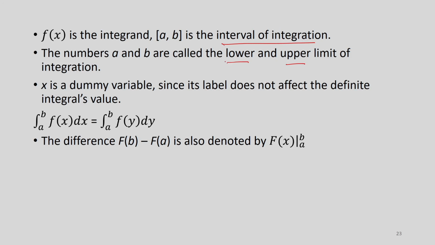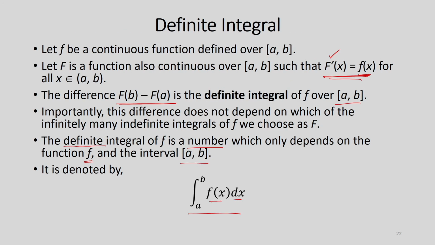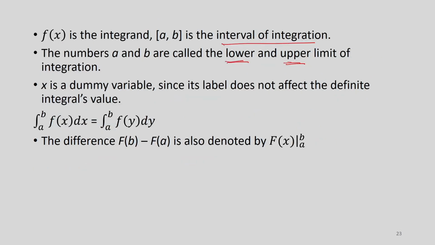So, from where to where the integration is being done, those two things a and b are called the limits. One is called the lower limit, and the other, the higher value, is called the upper limit.